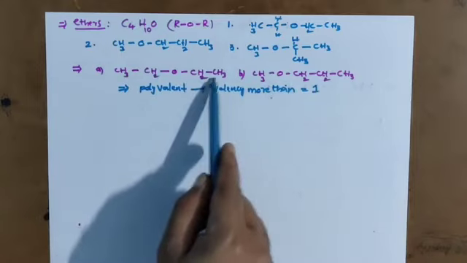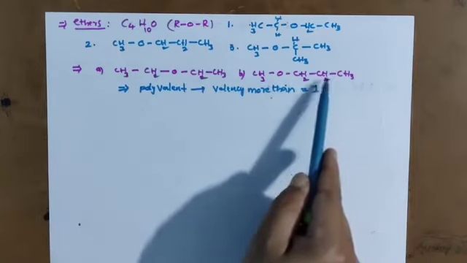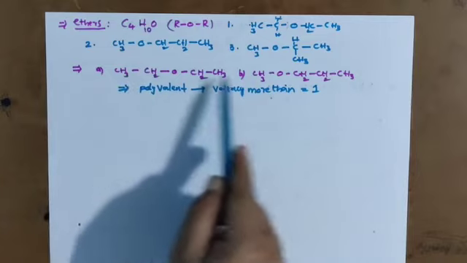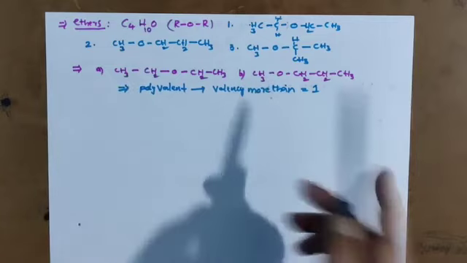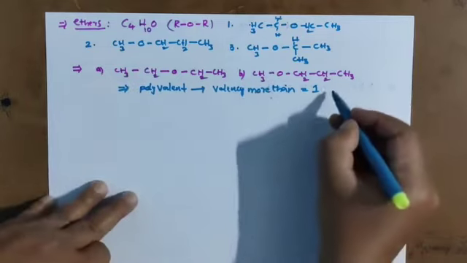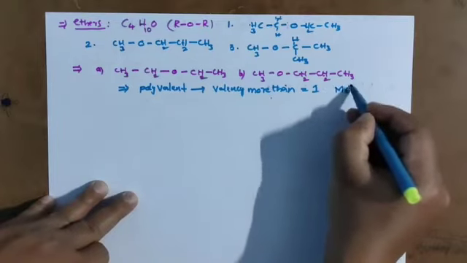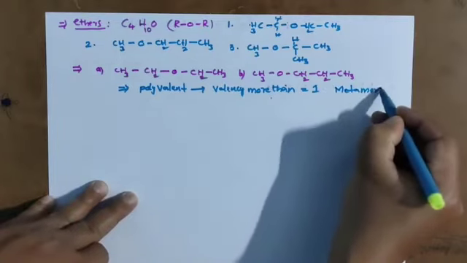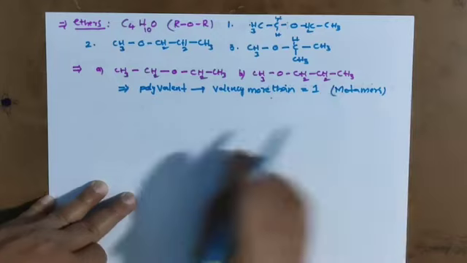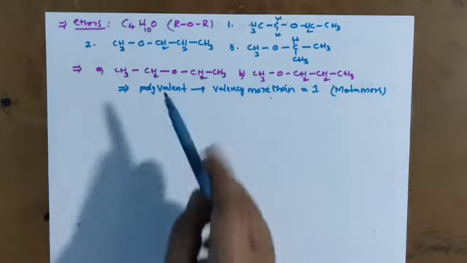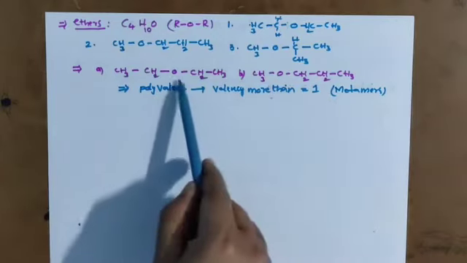Here ethyl, here propyl, and here ethyl, here methyl, so these two are metamers. What are we calling metamers? I gave the definition initially: same molecular formula, same functional group. Functional group, both are ethers.